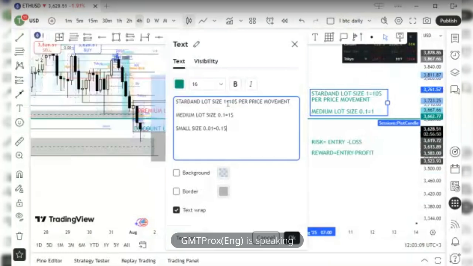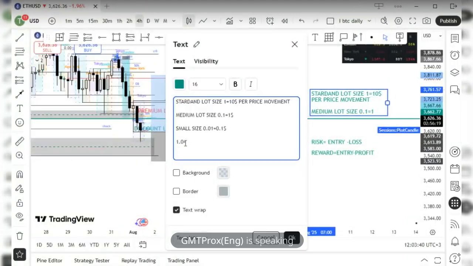So it is 1 point. Lot size 1, so it's 1 point. Let me do this here, just to show you how. You don't need to cram, you just need to understand. For example, when you say 1, it is 1.0. So for me to convert it to dollar, I take this decimal to the next zero, so it will be 10.